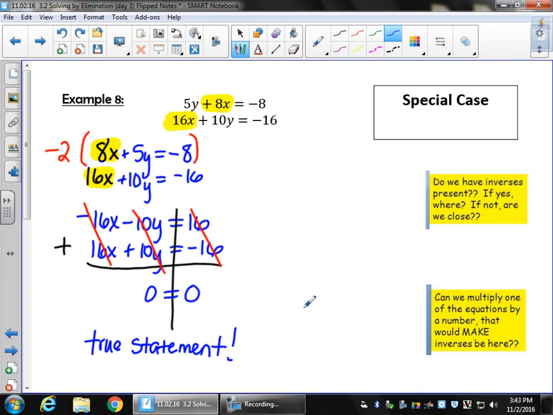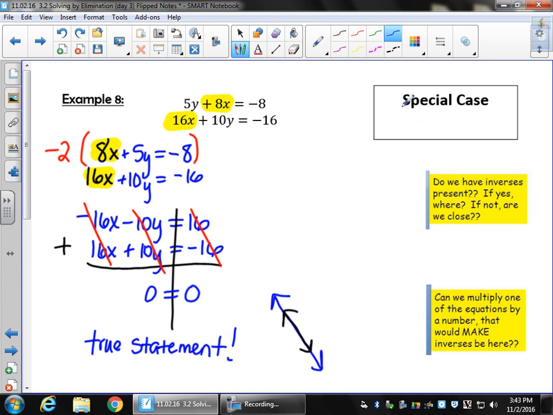From yesterday, we know that that means I have one line graphed exactly on top of the other. One line right on top of the other. Who remembers what that's called?